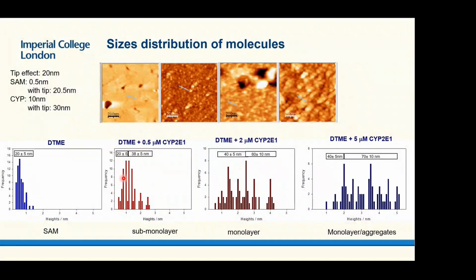So you still have some height corresponding to the self-assembly layer and some higher height corresponding to the protein. So obviously you start forming the layer, but it's not a uniform layer. There are still patches of self-assembly layer exposed. And then when you leave the protein for longer, or you increase the concentration of the protein, you get multiple distributions of the height that suggests that you start forming the protein layer, but you also form aggregates on the surface. So there are sites in which you start forming aggregation before you start forming a full uniform layer.